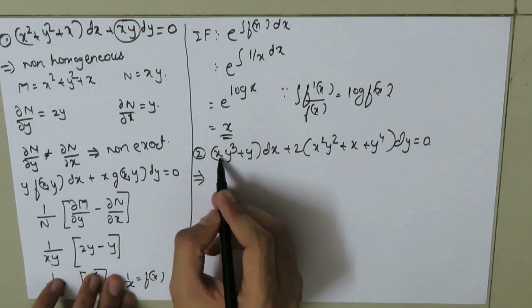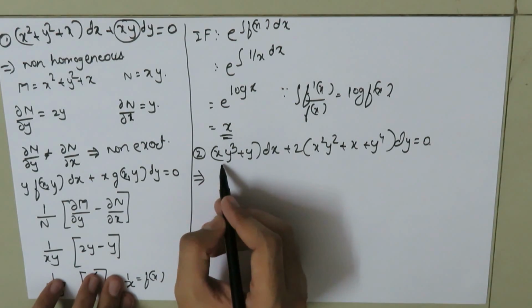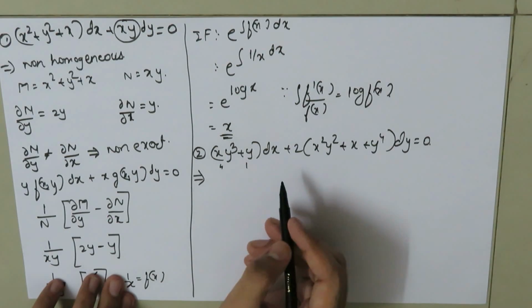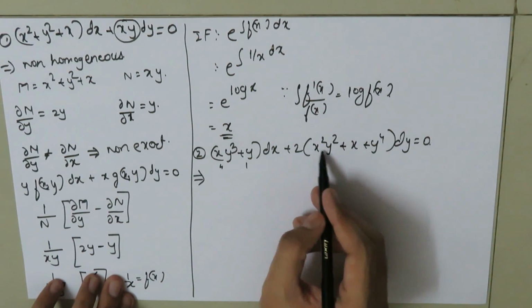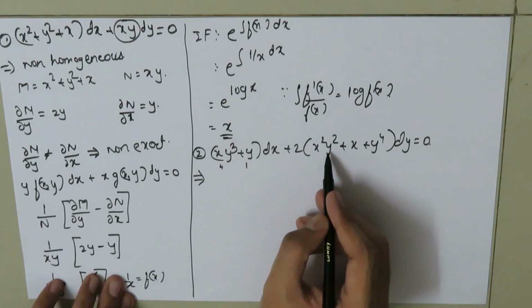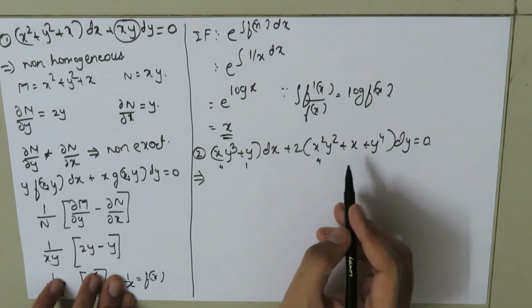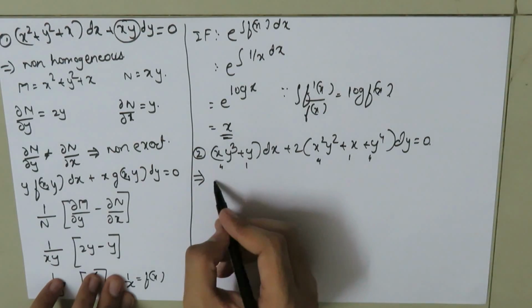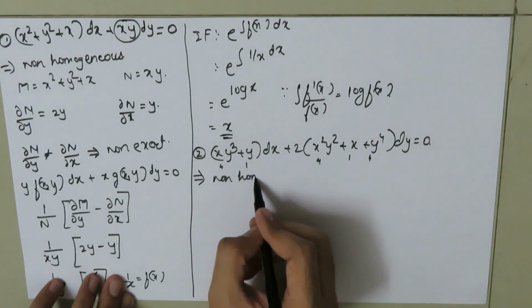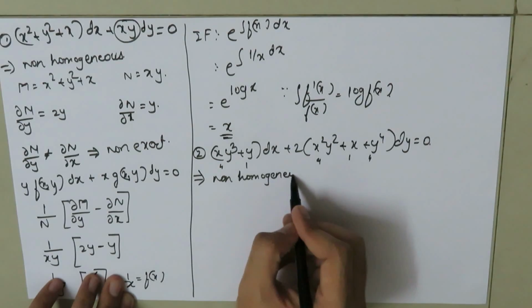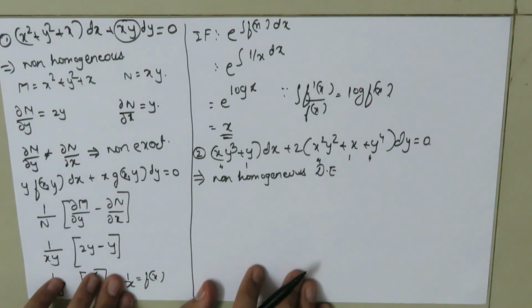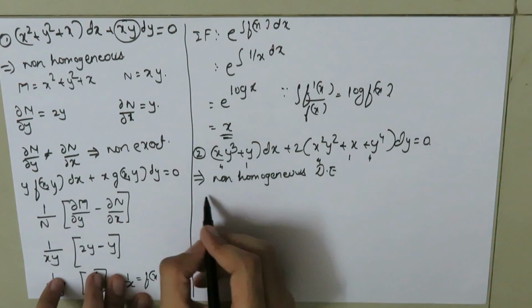Here the power of x is 1, the power of y is 3, so overall power is 4, but the power of y here is 1. Here we have the power of x as 2 and power of y as 2, so overall power is 4. The power of x is 1 and the power of y is 4, so this is a non-homogeneous differential equation.